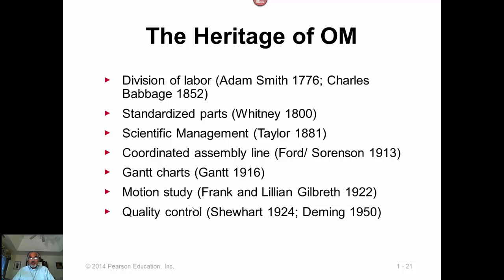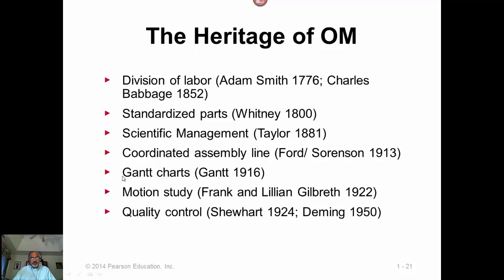And that laid the foundation for Ford Motor Company to later start mass production assembly lines. And also Frederick Taylor, he developed scientific management concepts. And both the standardized parts and scientific management led to mass production in terms of assembly line.